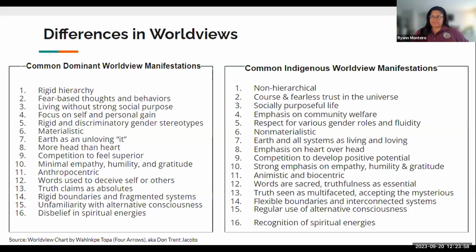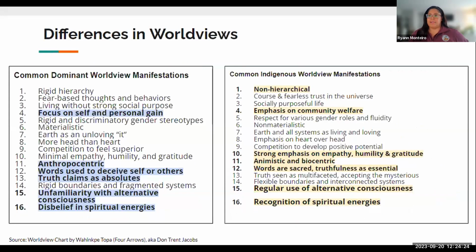I wanted to source this here because I felt like it really outlines how things can be dichotomous in a way. He lists 40 of them, but I wanted to go through the things that stand out to me when I'm teaching people about difference in worldviews. We're not going to go through all of them, just some of the ones that I've highlighted.